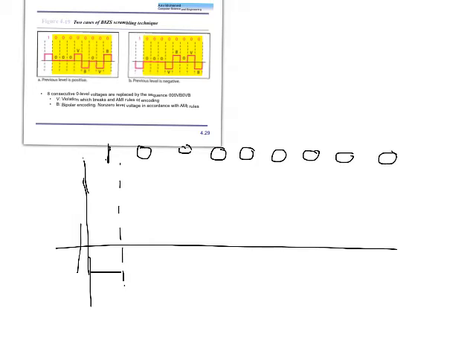Okay? I'm going to use the exact same substitution. So here, I'm going to say, okay, the first 3 zeros, I'm going to interpret them as is. So until here, we have 0 voltage level.